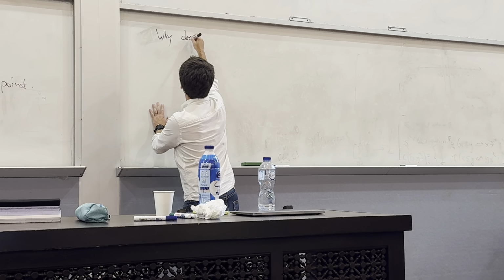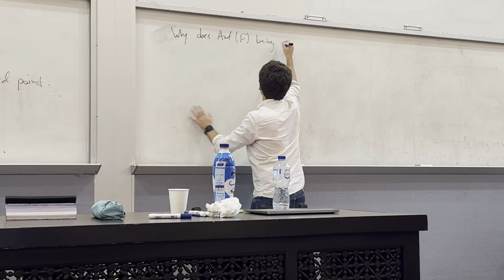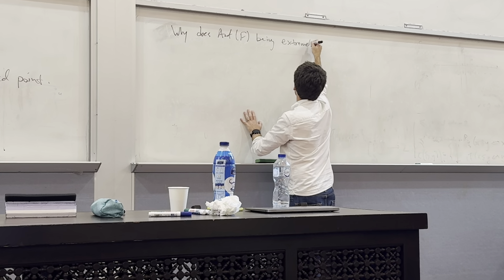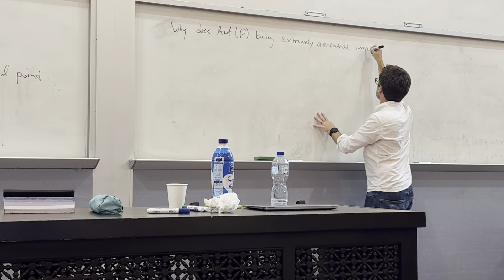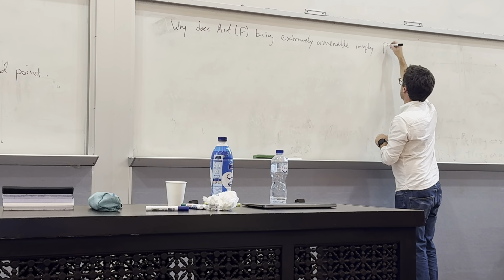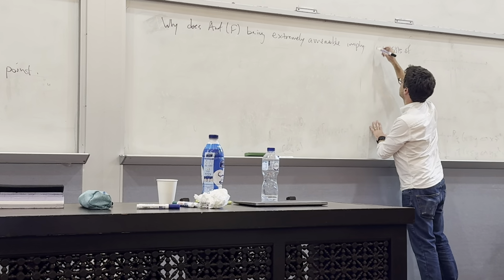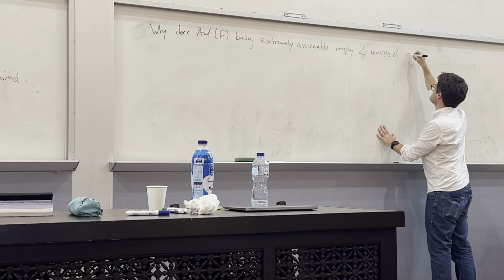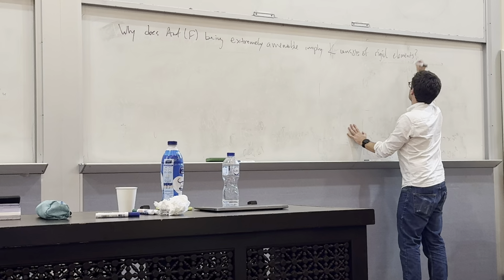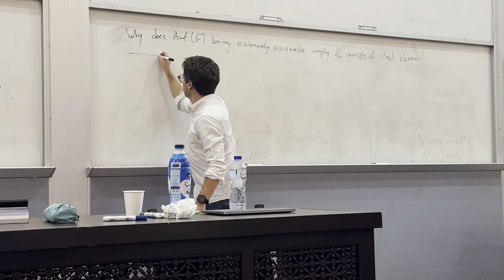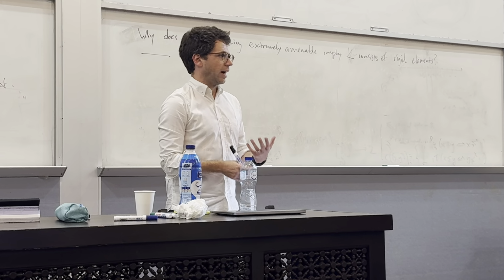Why does Aut(F) being extremely amenable imply K consists of rigid elements? Okay, this is the question. So we need a space on which to act.